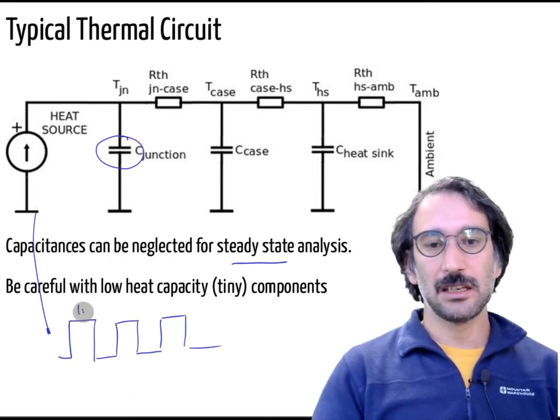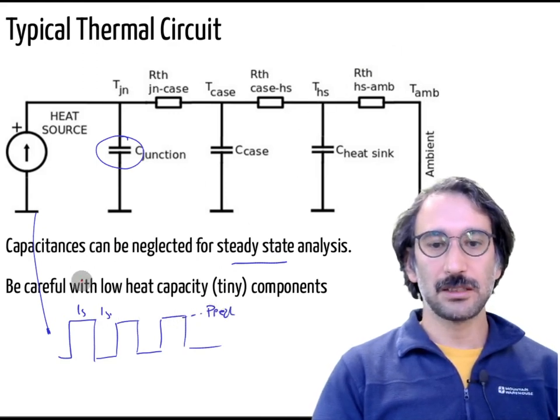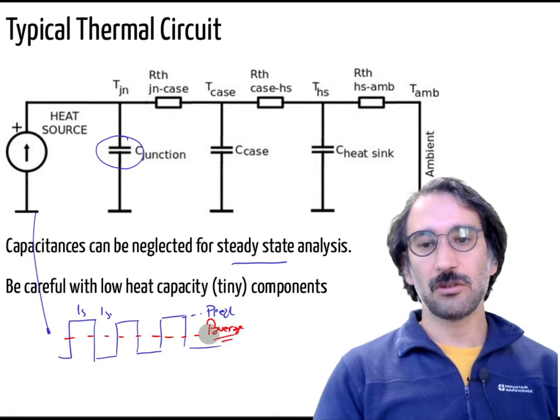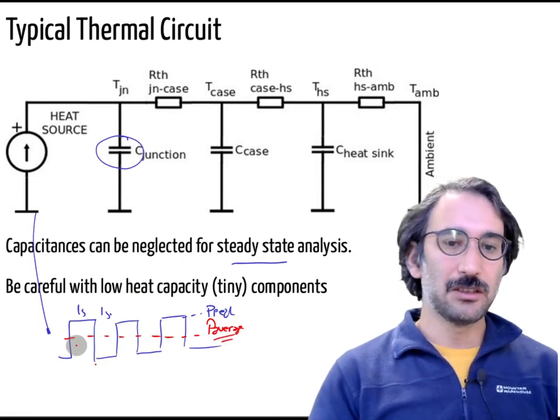In the overall, instead of calculating all the power through that maximum value, you can say let's calculate from the P average. That is usually correct, and you can utilize that kind of averaging technique.